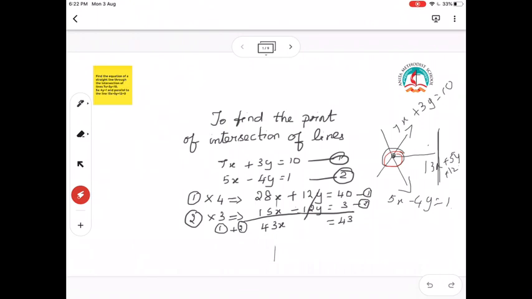Children, two line equations are given. One equation is 7x plus 3y equal to 10. Another line is 5x minus 4y equal to 1.